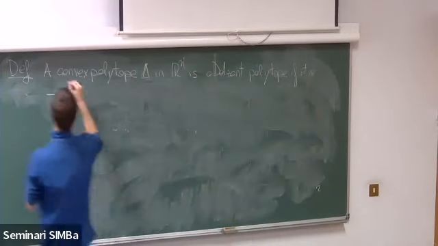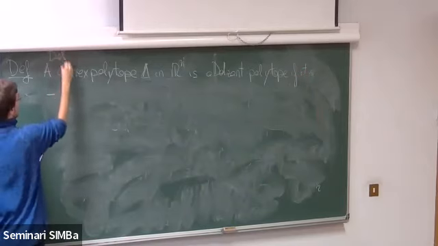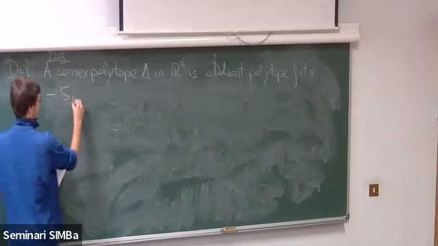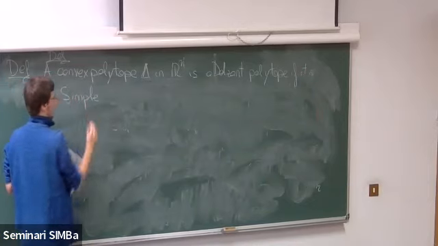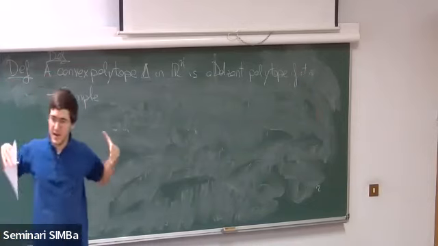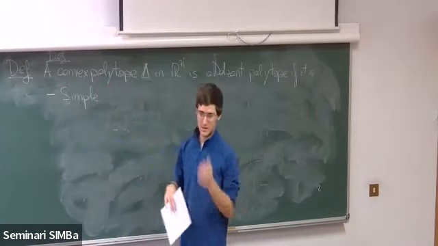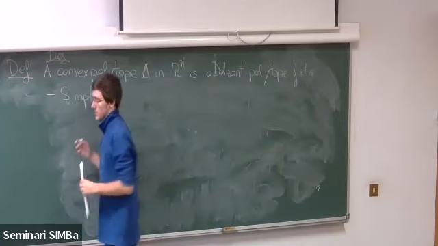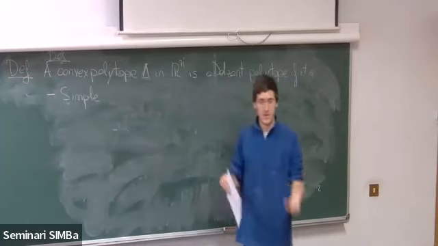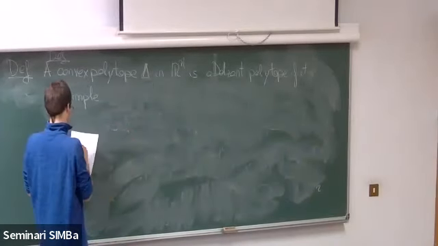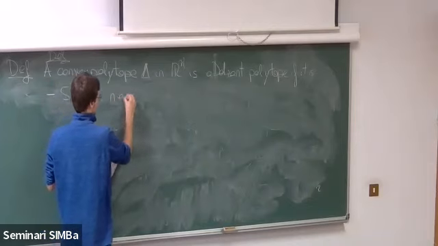This is the definition that I want to explain now: the polytope has to satisfy simplicity, which means that at each vertex of the polytope we have n edges. We are in Rn, and we want that at each vertex we have n edges meeting. It could be more in general, but we need that there are only n at each vertex. So this is n edges meeting.